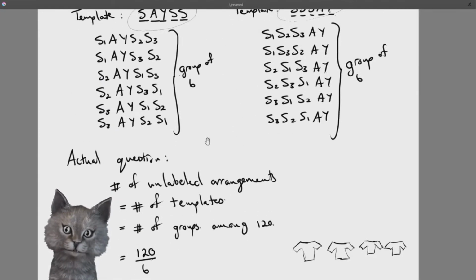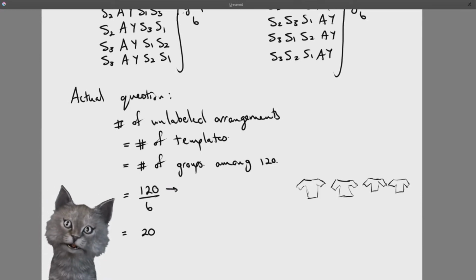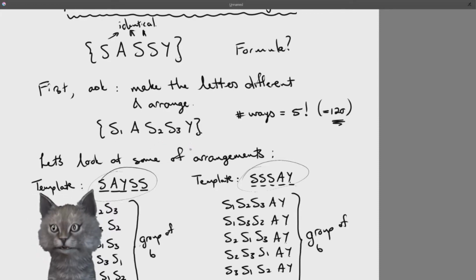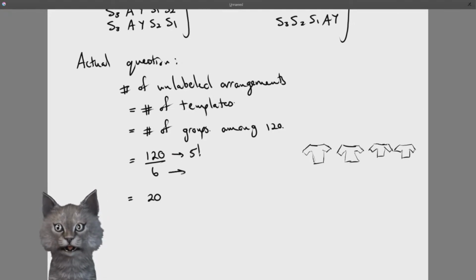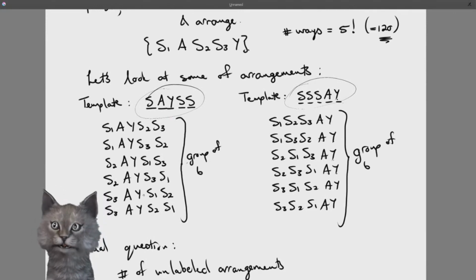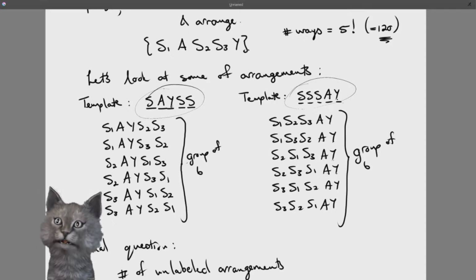Oh, but it does. Because this 120 came from the 5 factorial, which was where I temporarily didn't look at what they were. I just arranged them as if they were different. 5 factorial. This 6, however, comes from what? What did we really do to get the 6? Instead of making a list, we could have found the 6 without making a list, just by understanding what options we have inside this template.